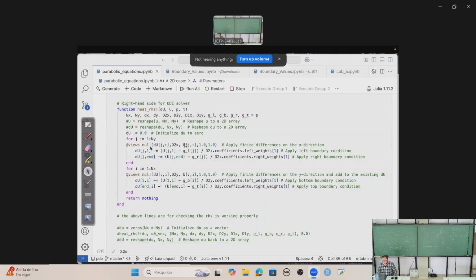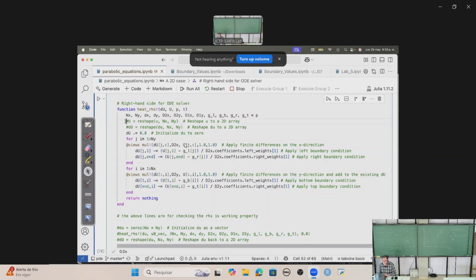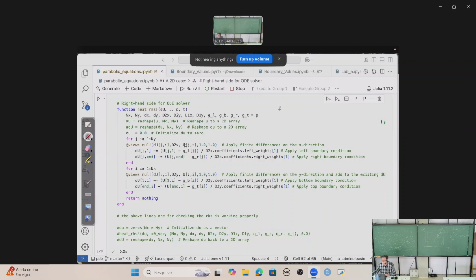And now we have to find the function, right? The right hand side of the equation. So remember, we are going to do something: du equals d2x u plus d2y u, and then there are boundary terms.